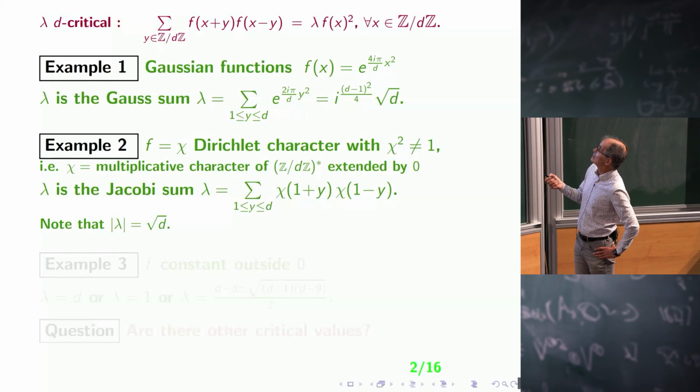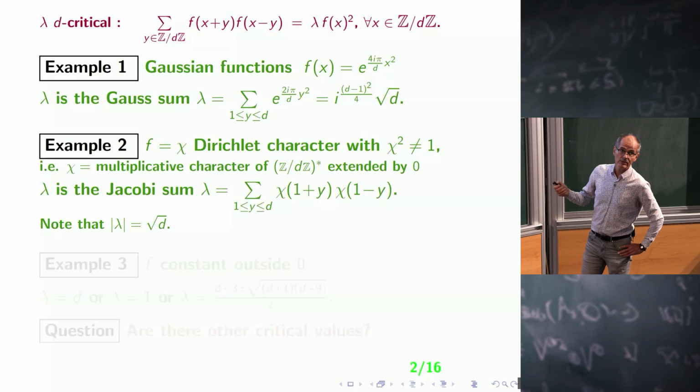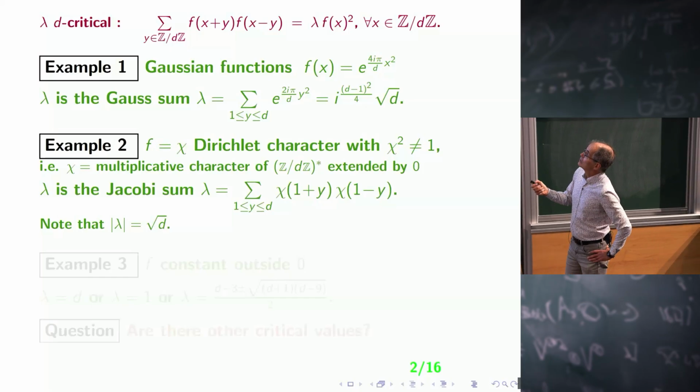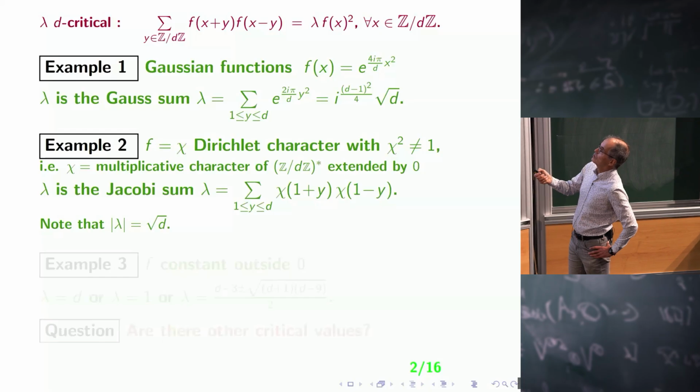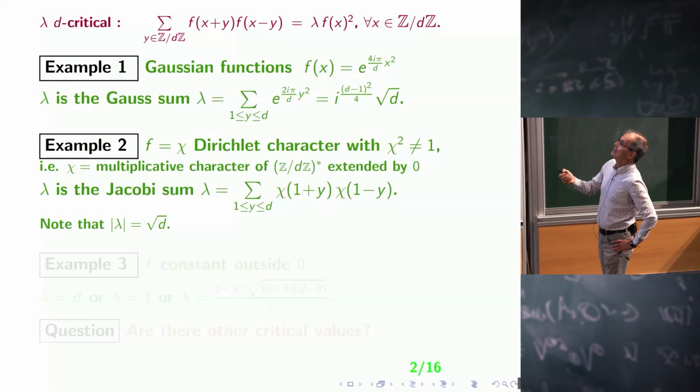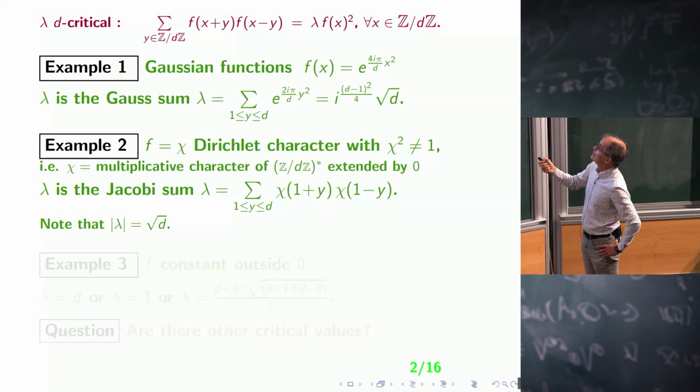So chi is a character, so chi of xy is chi of x times chi of y. And so when you plug it here, you do a change of variable: y is equal to x times z.